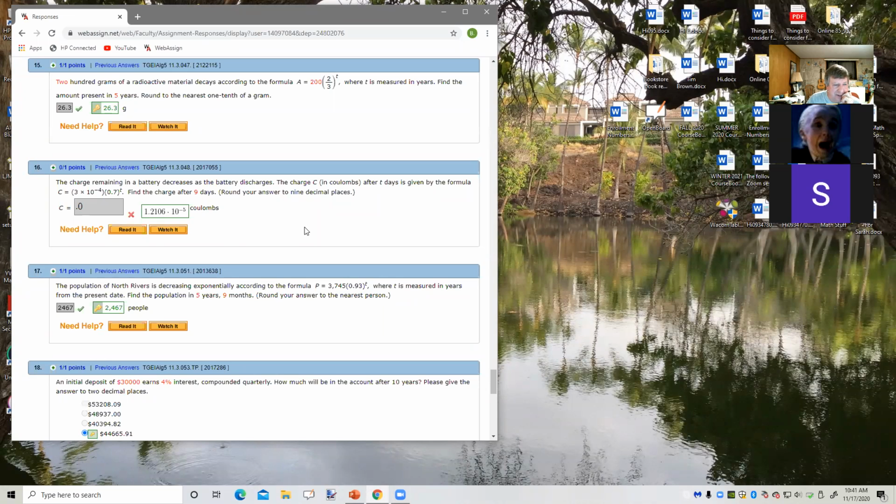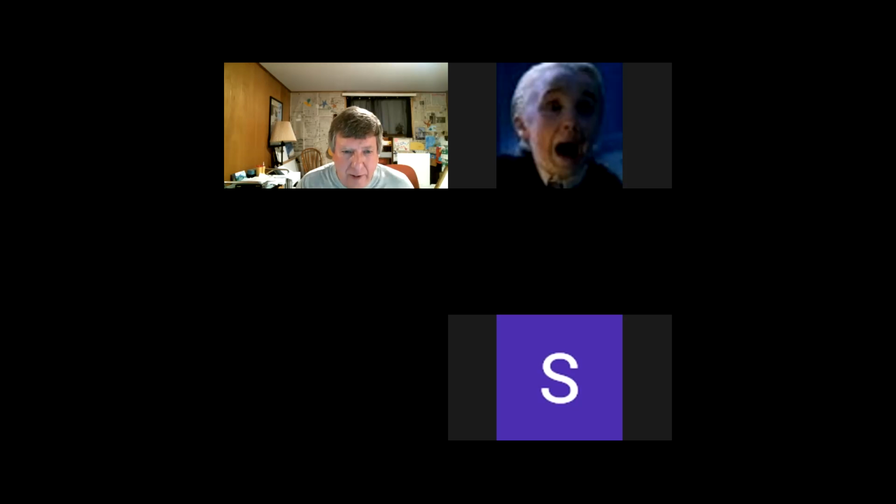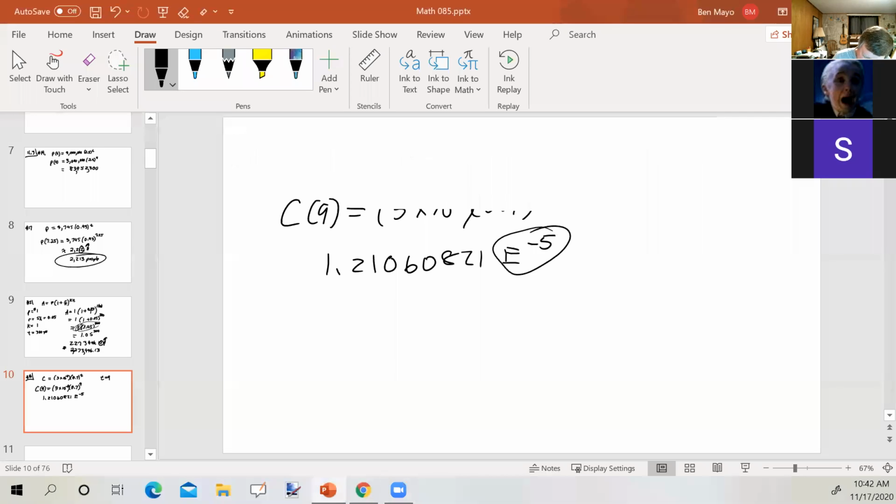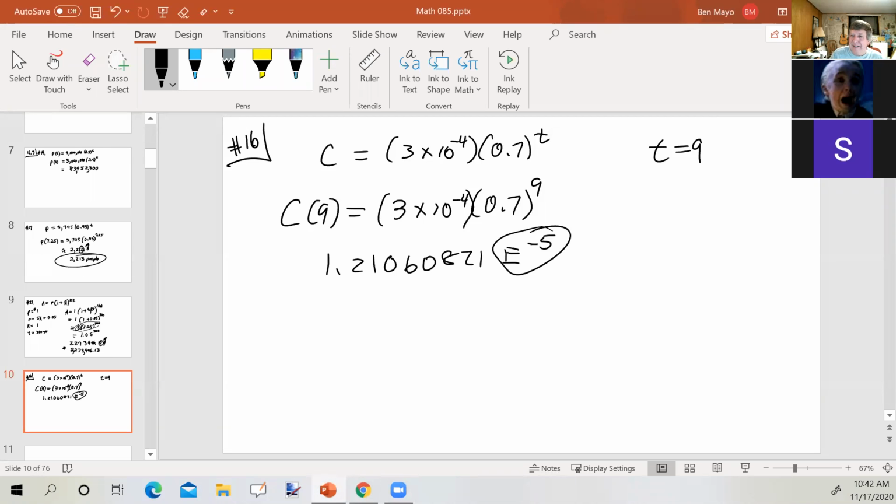So I'm kind of curious about that. But what I do want to talk about is the notation that your calculator might have. My calculator has this show up, in that E is basically 10 to some power. So this is like 1.210600821 times 10 to the negative 5th power, and that's in coulombs, or however you say that.